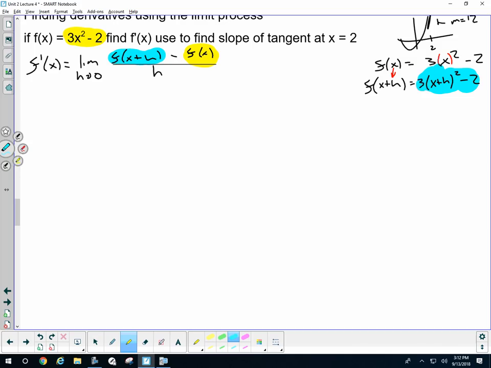Don't forget the h in the denominator. And now we have a specific situation here where we are going to find the unique f prime for this function, 3x squared minus 2, using 3(x plus h) squared minus 2. Minus, and this is important, and did you do this when you rewrote it? Did you use parentheses around f of x? Because I'm subtracting all of f of x. So make sure you subtract the entire 3x squared minus 2.